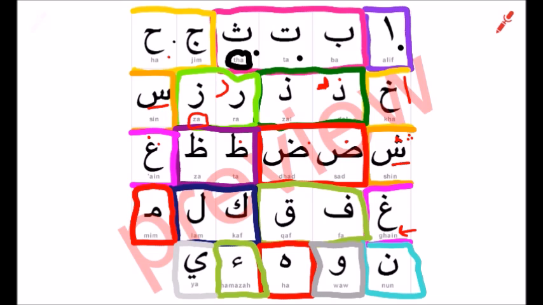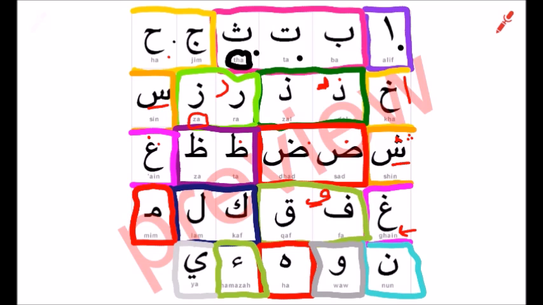Now moving on to Fa. Fa. Now Fa and Qaf do not have the same looking body, but I put them in the box just to, I guess, focus on differentiating and showing the differences between the two. Fa, when you see Fa, it's really tight towards its body, and it goes along the line, as in it's got a flat bottom, flat side.